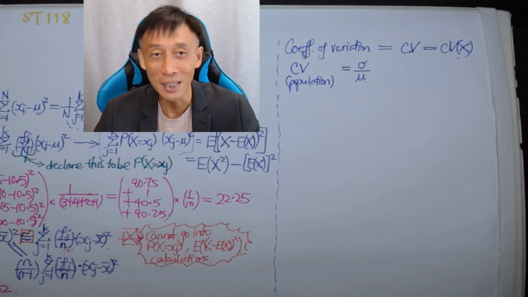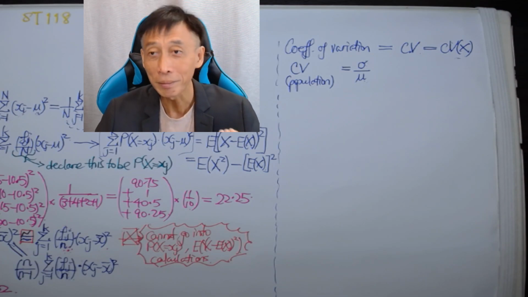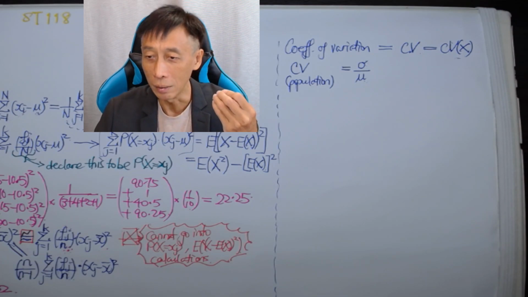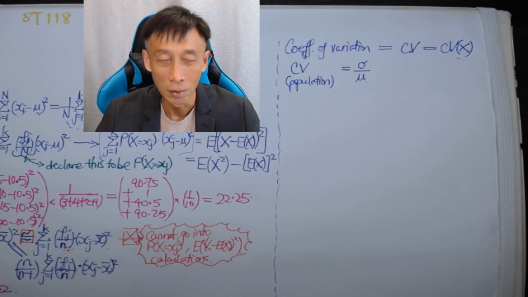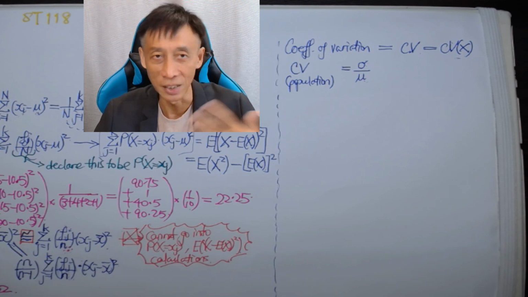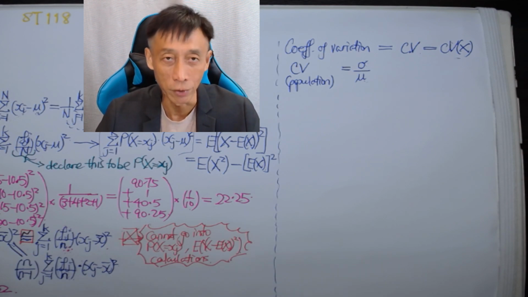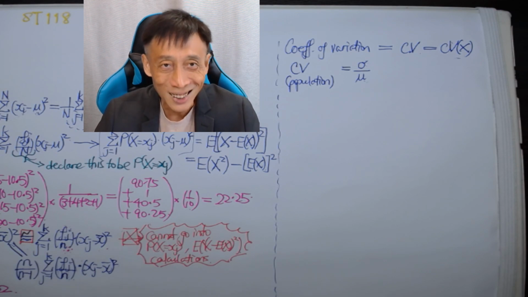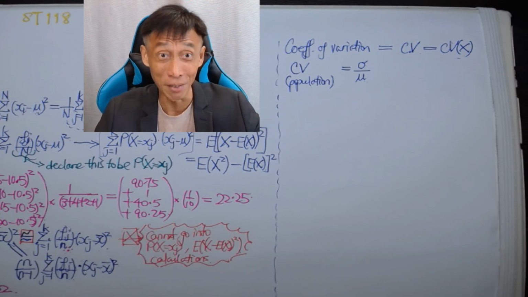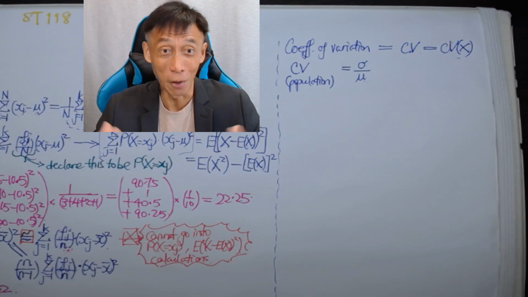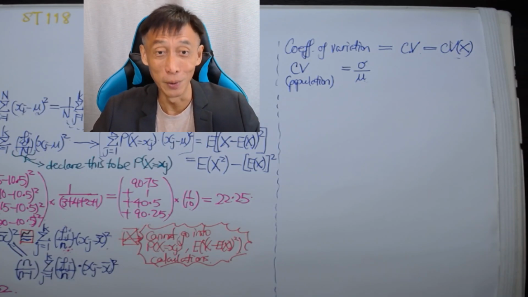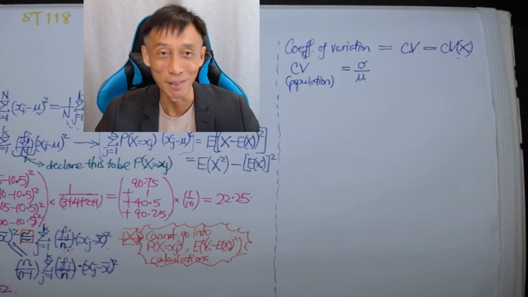A 40 cents standard deviation, however, for another stock, let's say City Development, let's say $4 on average. A 40 cents change, that's 10% fluctuation. That's like, wow, my investment portfolio sometimes rises by 10%, sometimes disappears by 10%.